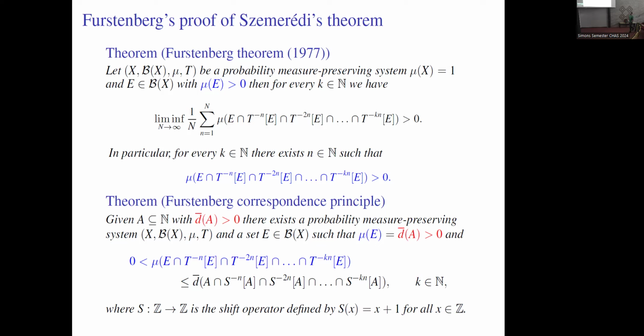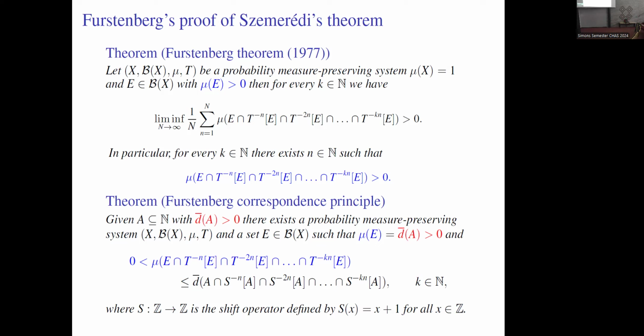And this bijection is given by this formula. So let's consider the power set of the set of integers, and we know that this set has the same cardinality as the Cantor set. And this bijection can be given by this.